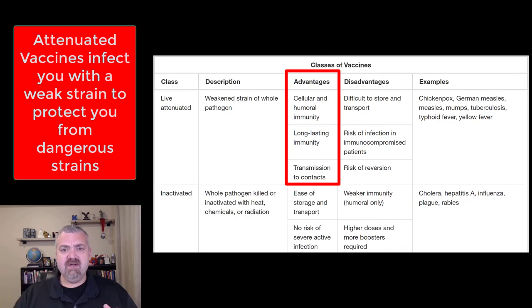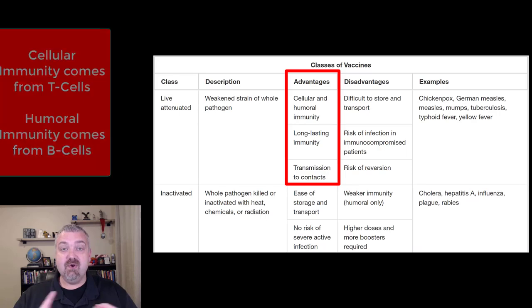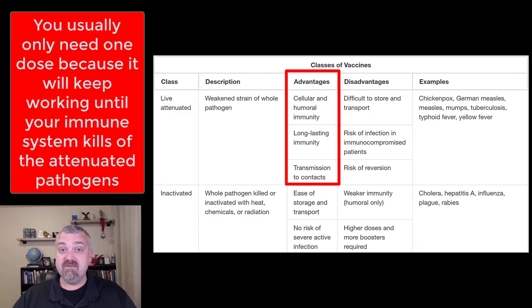You see here it says long-lasting immunity, and right above that it says both cellular and humoral immunity. That means your T cells and your B cells have been made aware of this organism, and it's been around in your body long enough to actually confer really good immunity. So you're only going to need one dose instead of a series of doses. You're going to get both cellular and humoral immunity, and a longer lasting immunity.